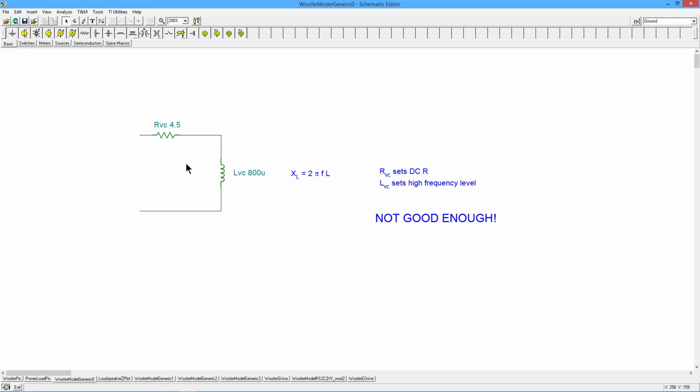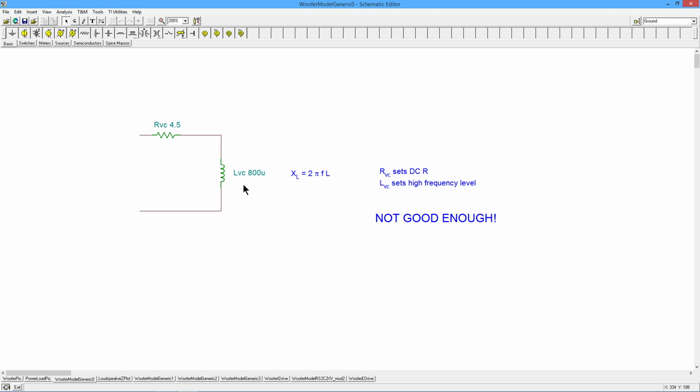You could get out an LCR meter and measure the voice coil inductance, or more typically what you would do is you look at a manufacturer's spec sheet and they'll probably give you something like RE, which is the equivalent voice coil resistance, and LE, which is the equivalent voice coil inductance, right? So in this case, 4.5 ohms, 800 microhenries.